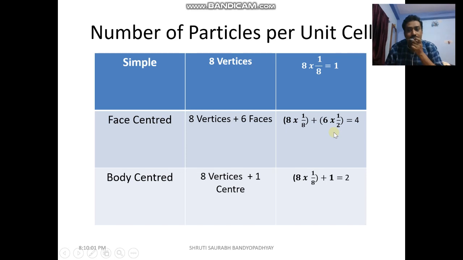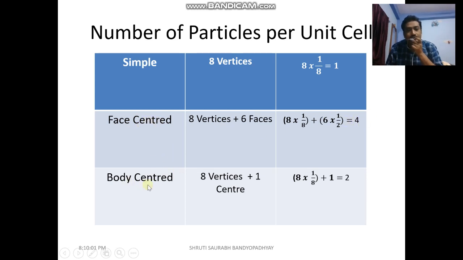There are 6 faces, and the particle at the center of each face contributes half of its volume to one unit cell. So 6 multiplied by half is 3 particles. Altogether 1 plus 3 equal to 4. Total number of particles per unit cell of a face centered cubic unit cell will be 4.